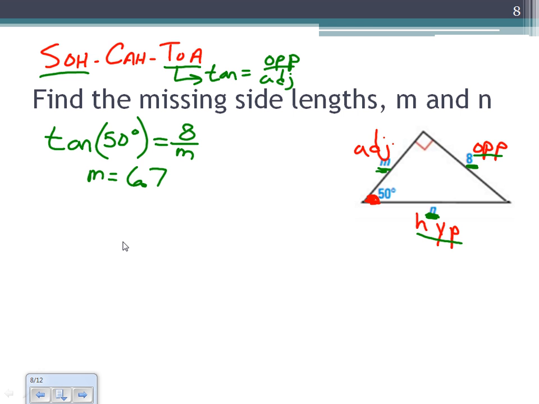Sine. So how do I set it up? Sine of 50 degrees equals, George? 8 over what? N. Thank you, as in Nancy, because we're looking at the sine now.